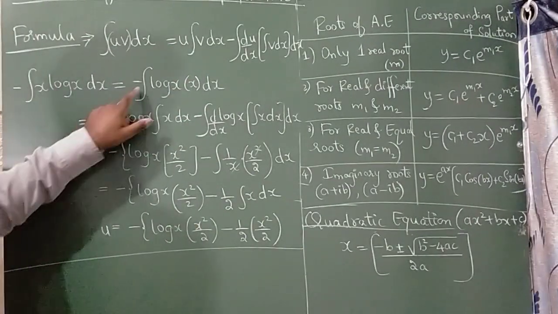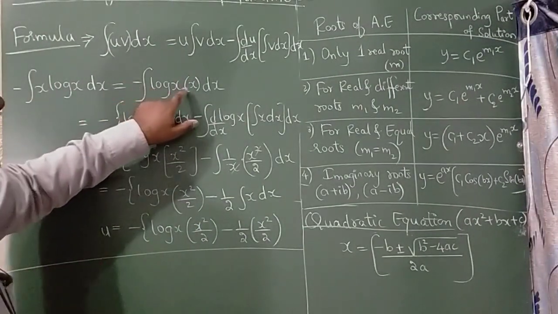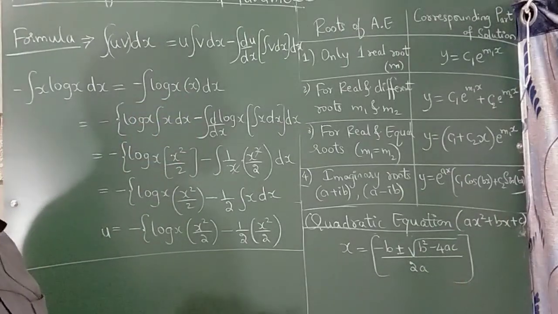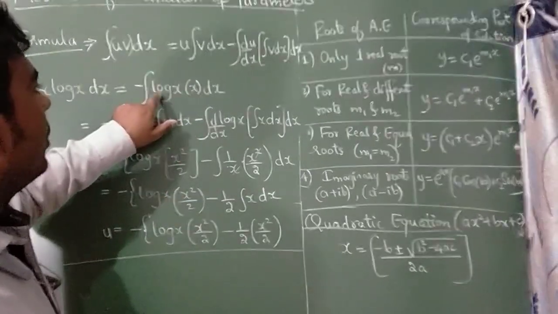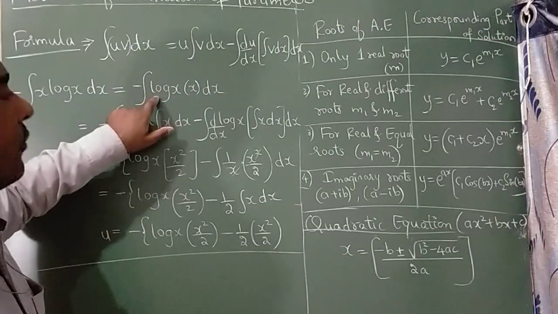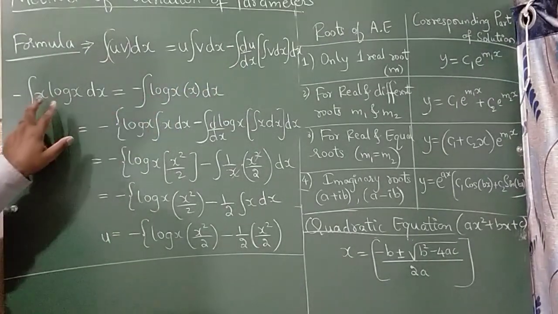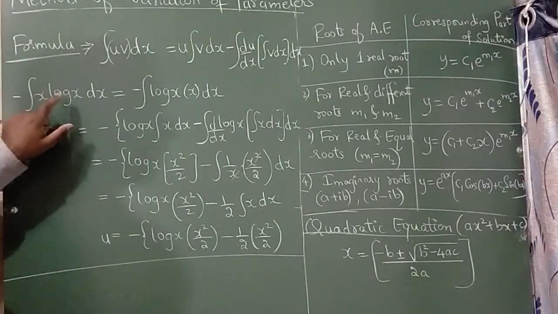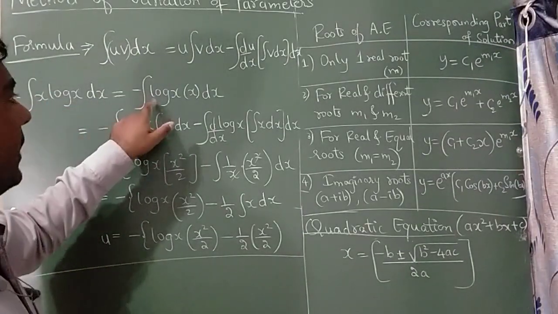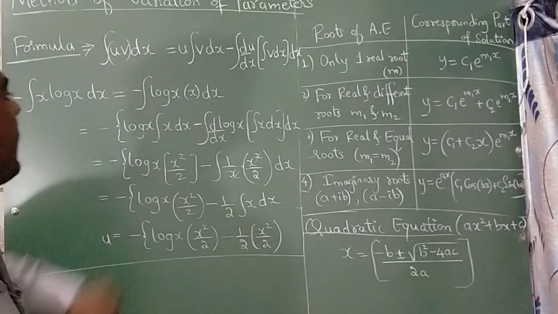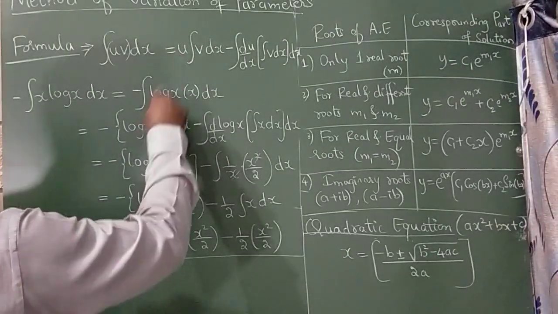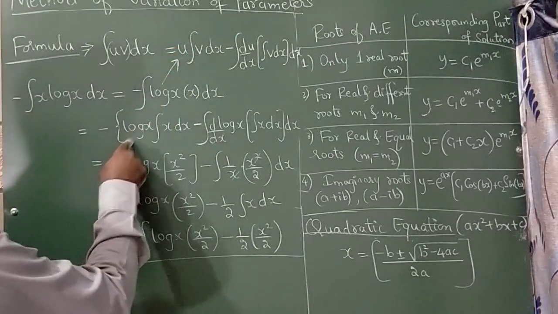So I have interchanged this and I have written log x into x. But the question is why? Because there is no formula for integration of log x. There is a differentiation of log x. So whenever you get x log x or any log x term, then you should write first log x, then that term. Right?